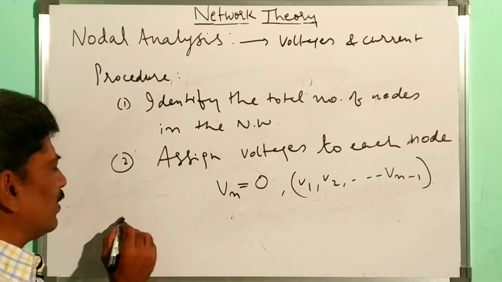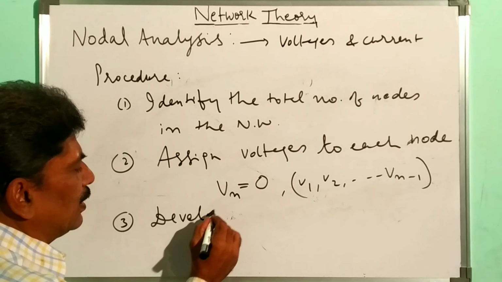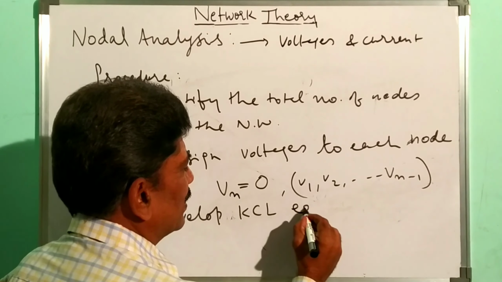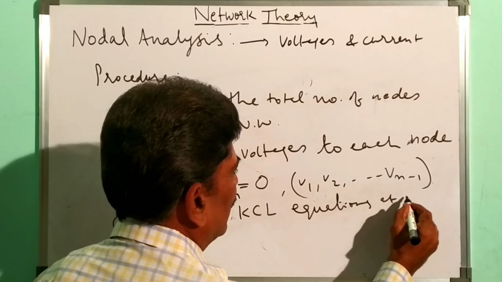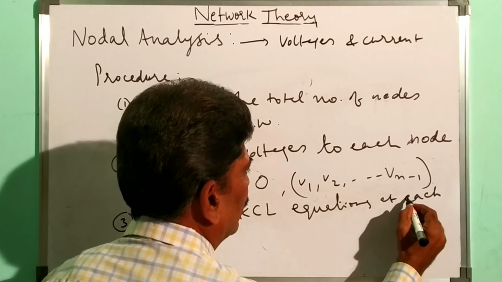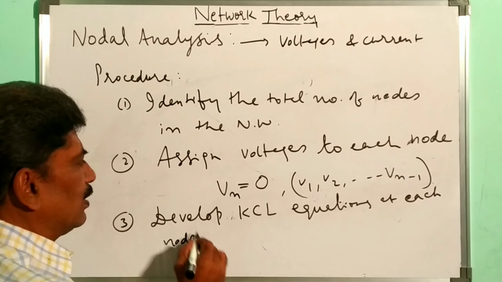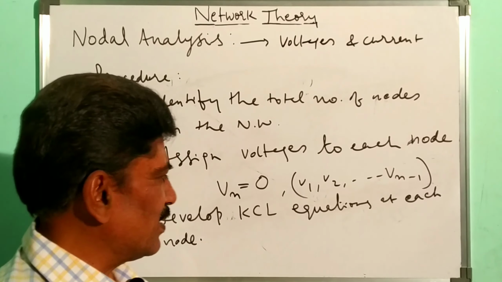And the third step, develop KCL equations at each node. If there are n minus 1 nodes, there will be n minus 1 equations.